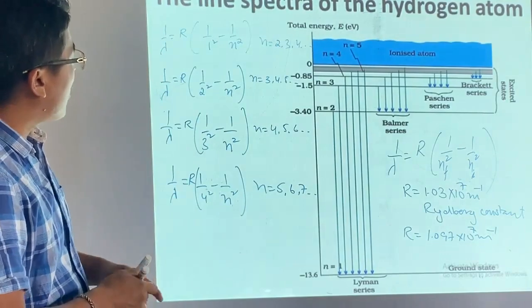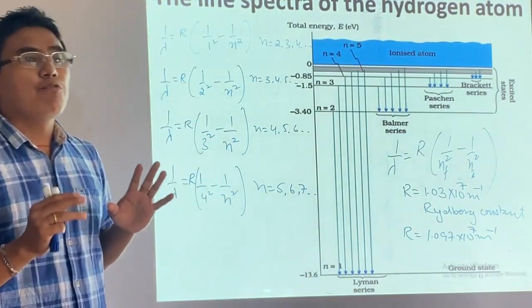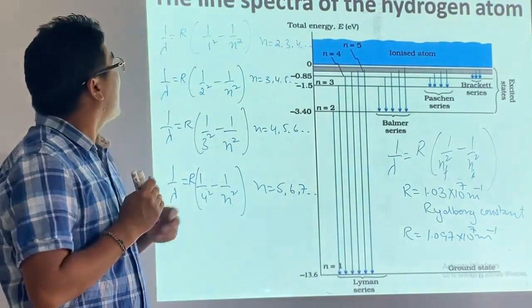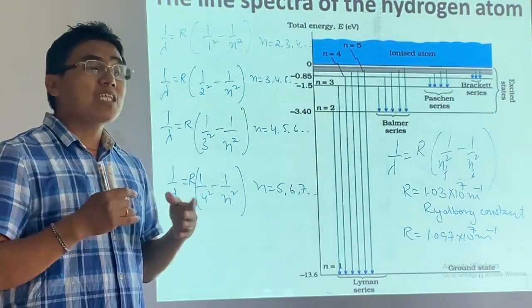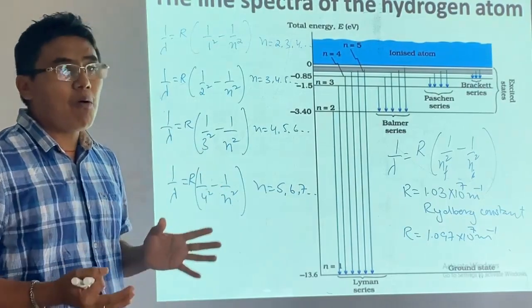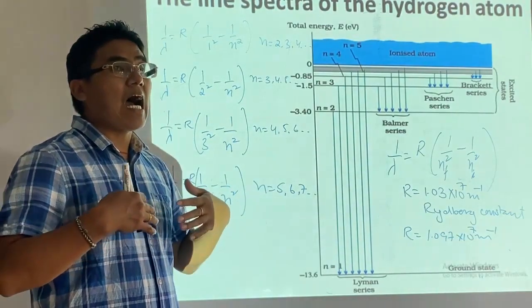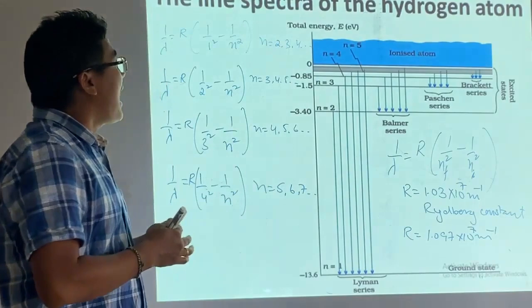So on, theoretically the Bohr model fits the line spectra of the hydrogen atom. Theoretically, Bohr was able to explain the line spectra of the hydrogen atom, how and why the hydrogen atom exhibits these fine line spectra.